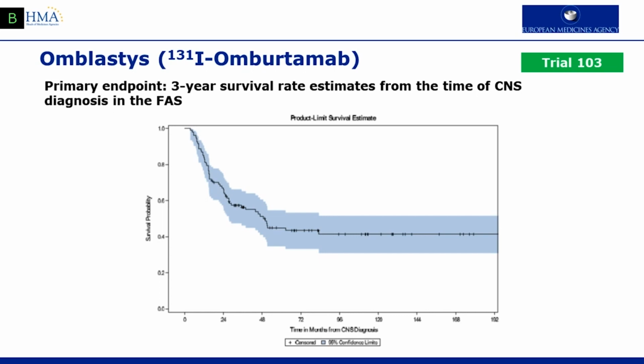The most important favorable effect to consider is the 3-year overall survival rate that is derived from trial 133. The 3-year overall survival rate from the Kaplan-Meier estimate for the full analysis set was 0.56 with a 95% confidence interval. The median survival is estimated as 50 months with a 95% confidence interval. Next slide.